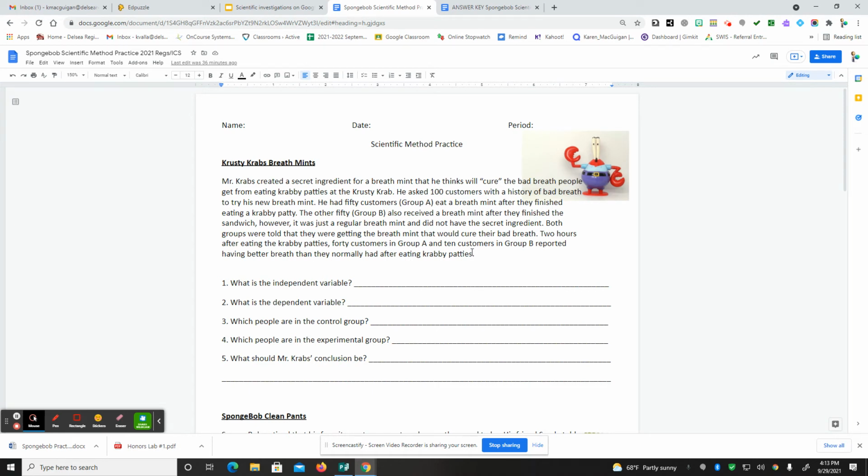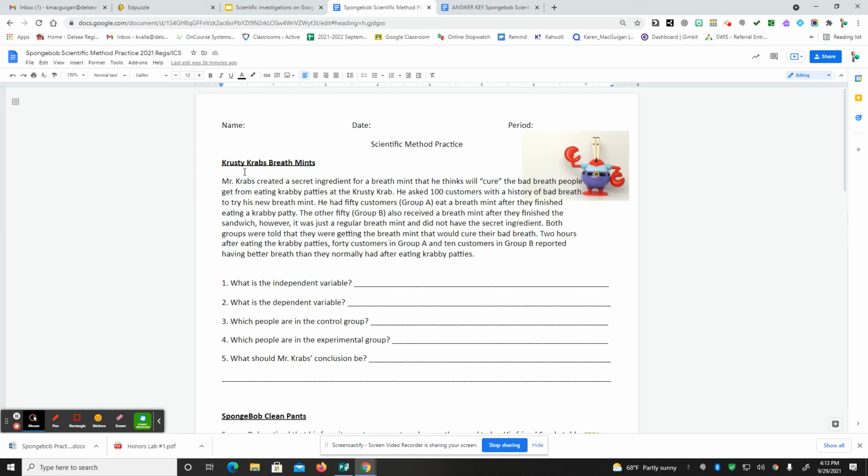So I would say that yes, the breath mint with the secret ingredient did help cure bad breath and could be used at the Krusty Krab. You want to have a really big difference between the two groups. In Group B, only 10 of them reported having better breath. So it really shows that the breath mint Mr. Krabs created was pretty legit and actually helped cure the bad breath.